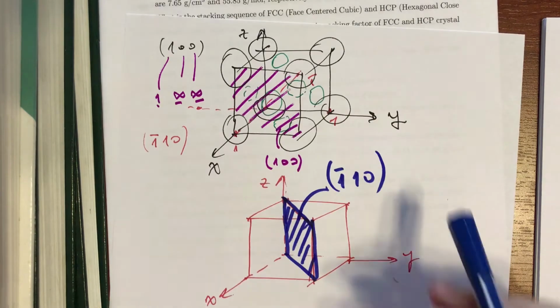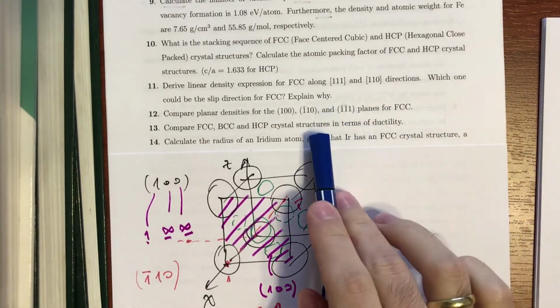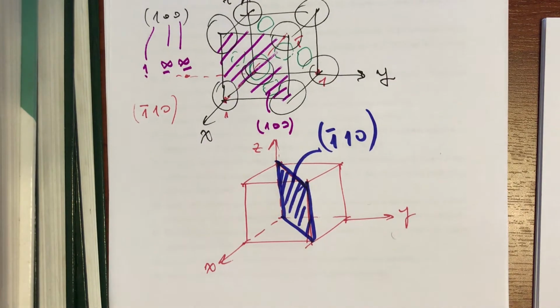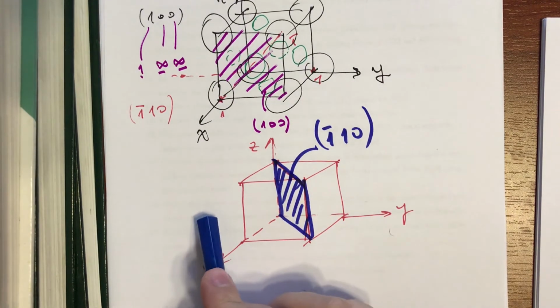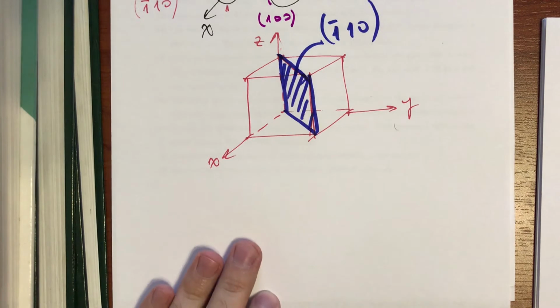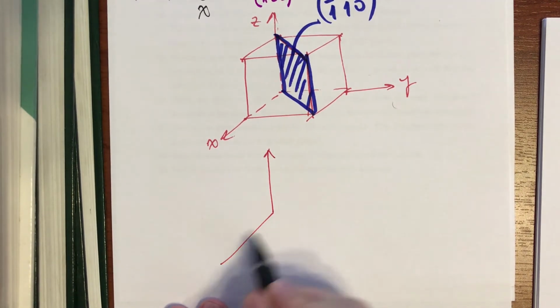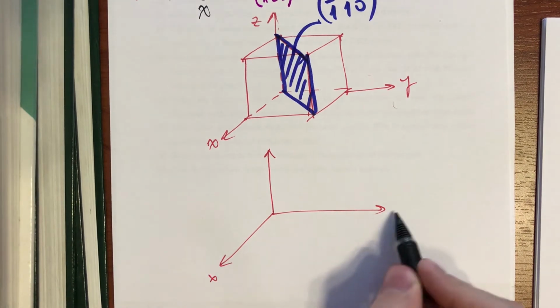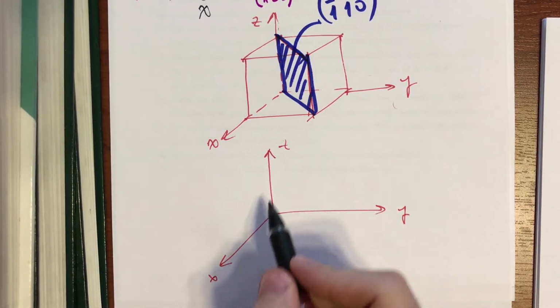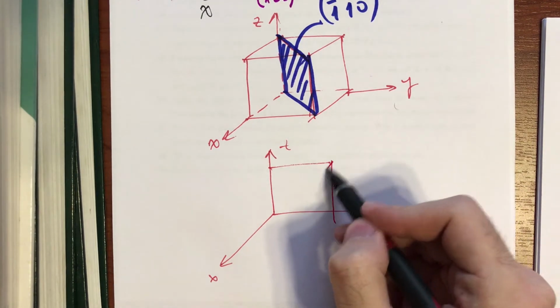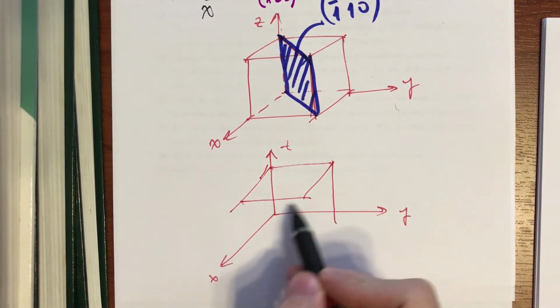And finally we have minus 1, minus 1, 1. So it's going to cut x and y at minus 1, sorry, let me draw this once more.